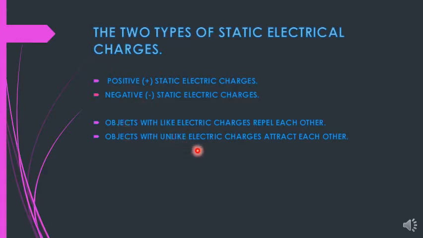Objects with unlike electric charges attract each other. That means negative static electric charge and positive static electric charge, they attract each other because they are unlike electric charges.